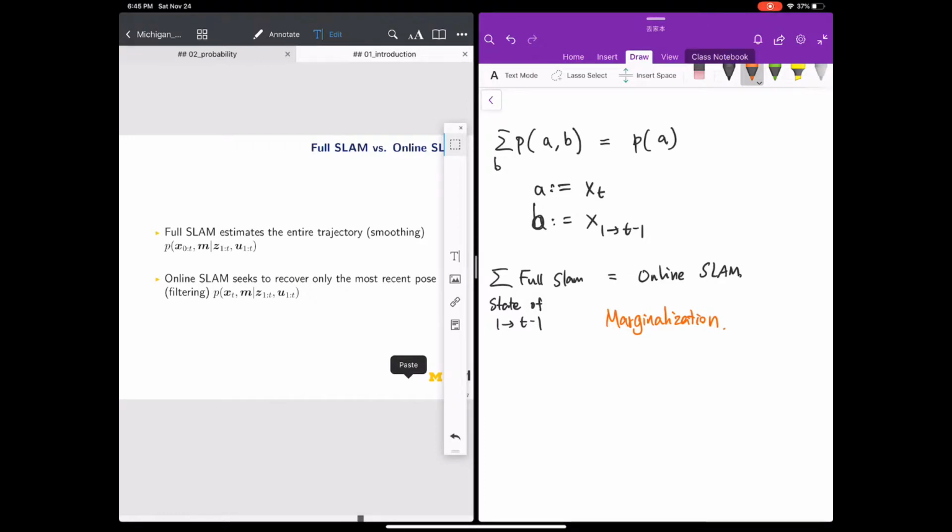So I'm summing over the nuisance variable, which is the previous states. I don't care about what they are, but I'm just summing over all their possibilities and seeing, okay, through all the possible trajectories, what is the sum of the probability that I'm stopping here, right?